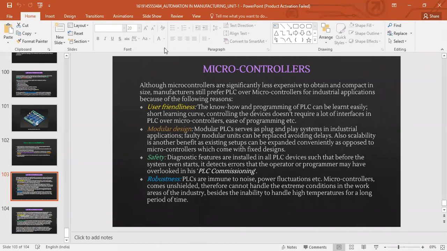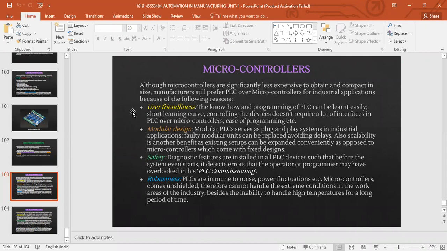We'll see now. First, user friendliness. The know-how and programming of PLC can be learned easily. In order for a device to be popular, it has to be easy to use, right? It has to be user friendly. How does that become user friendly?